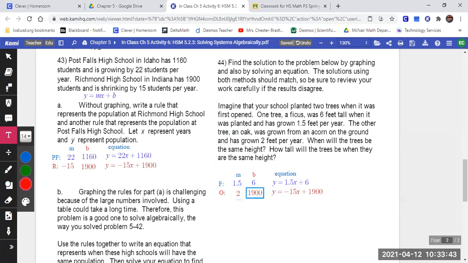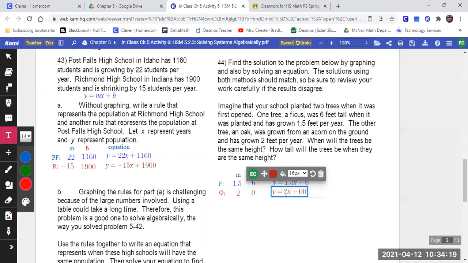What did it say about the oak? It was grown from an acorn on the ground. So how tall is it when it starts? How far above the ground is it? If it's starting on the ground, is it above the ground? No. So he began at 0, tall.